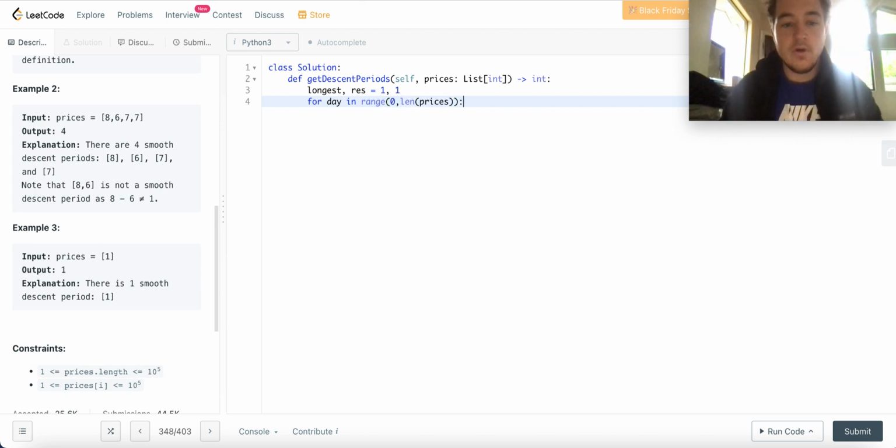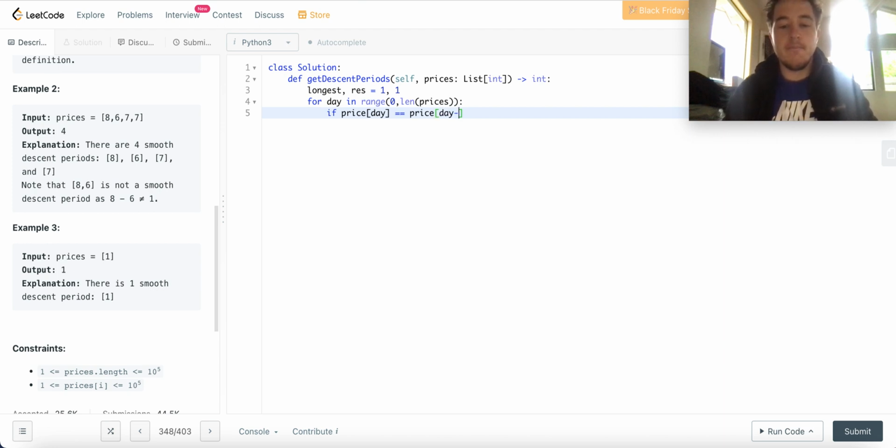And then we'll say, if the price today equals the price of the previous day minus 1, that means that this is going to be attached to the longest, so longest gets updated to plus equal 1. So we add 1 to longest.